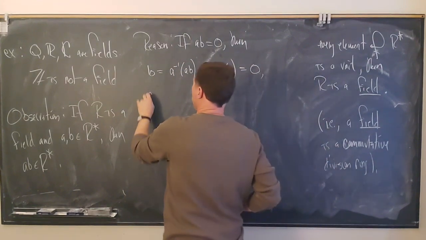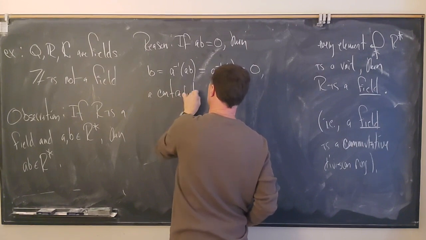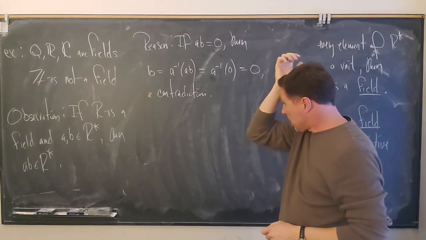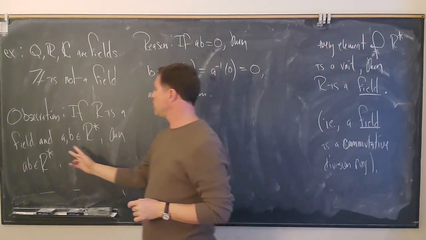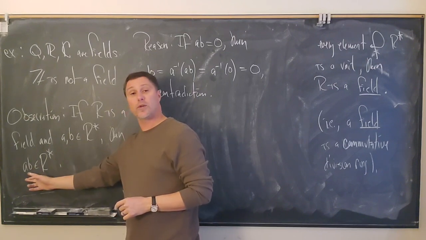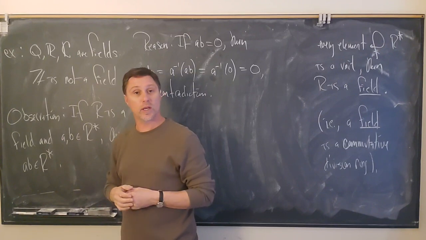Contradiction. And so what this tells us, here's a way to think of this: if you take two non-zero elements of R and multiply them, you get a non-zero element. In other words, R star is closed under multiplication.